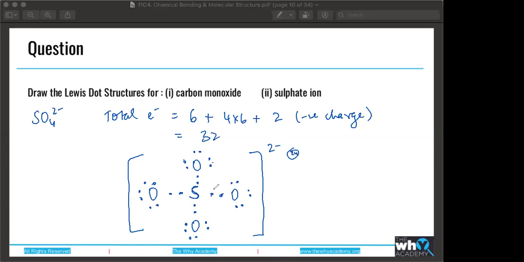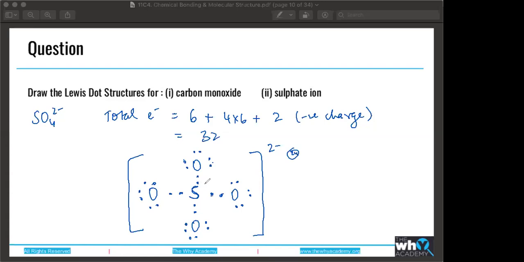But the thing is, sulfur itself has 6 electrons, right? So it's not going to lose or give away 2 of its electrons. Okay, this is what we do as per our calculation: 32 electrons, we have to distribute among all.